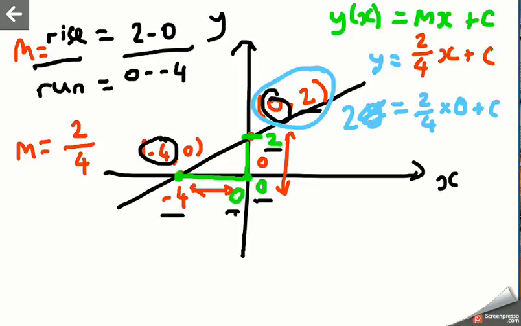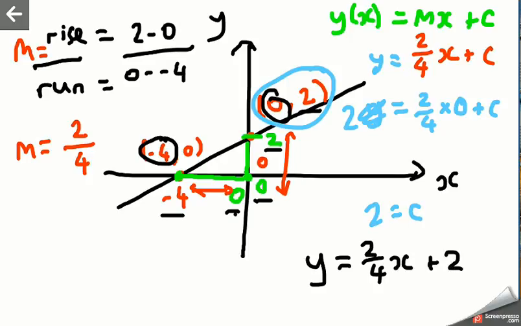So 2 is equal to 2 over 4 times 0 plus c, and therefore c equals 2. So our function is y equals 2 over 4 x plus 2, and of course, we can simplify that as 1/2 x plus 2. So that's the equation of our line, and we found it using only 2 points.